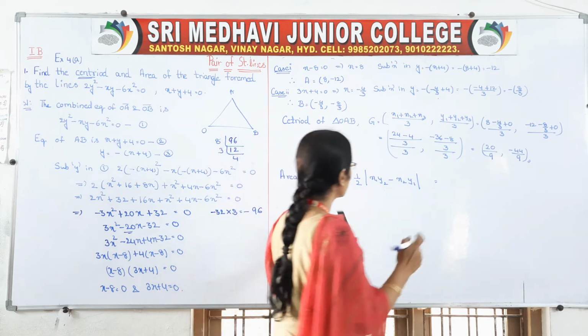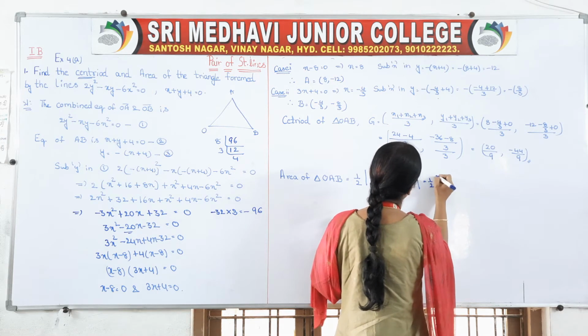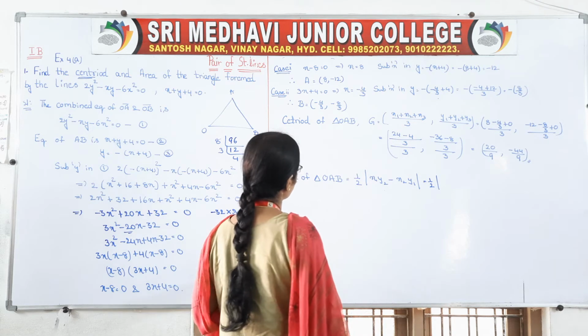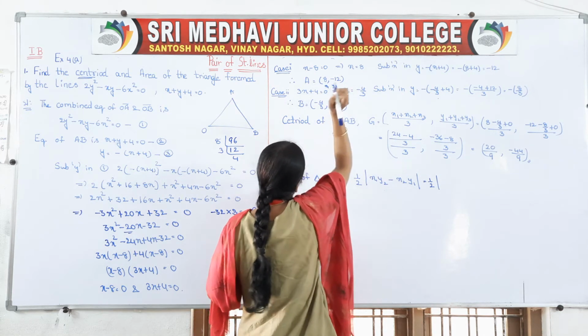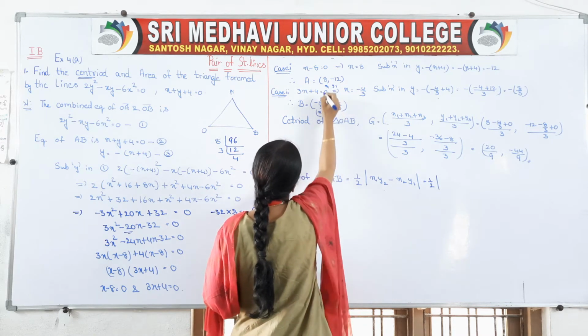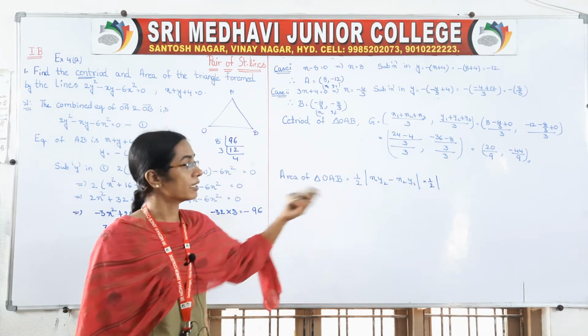So it is equal to, then we can write this as 1 by 2 into x1. What is your x1 y1? This is your x1 y1. And the B point is your x2 y2, and you can take the origin. We are not taking this value.